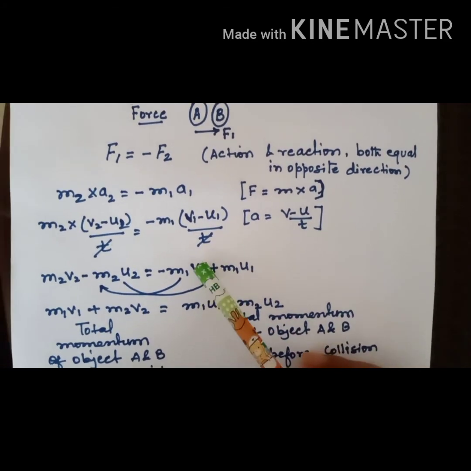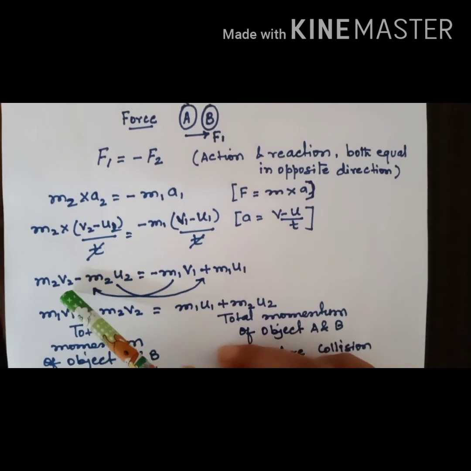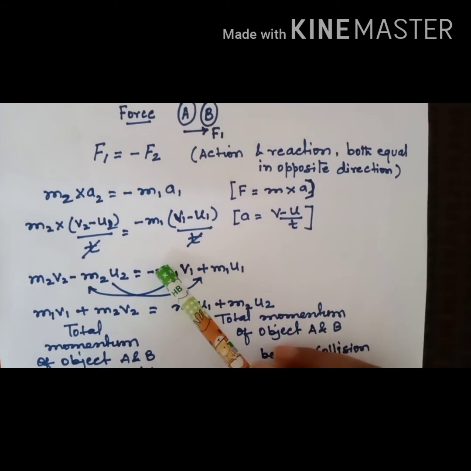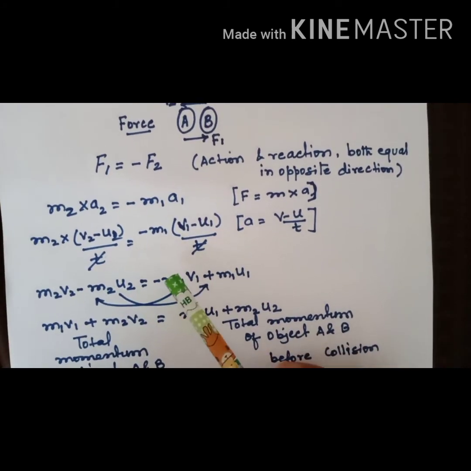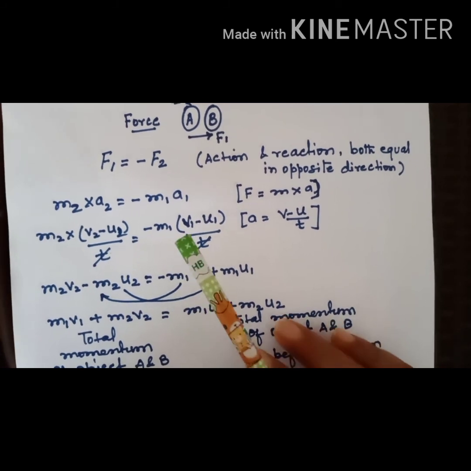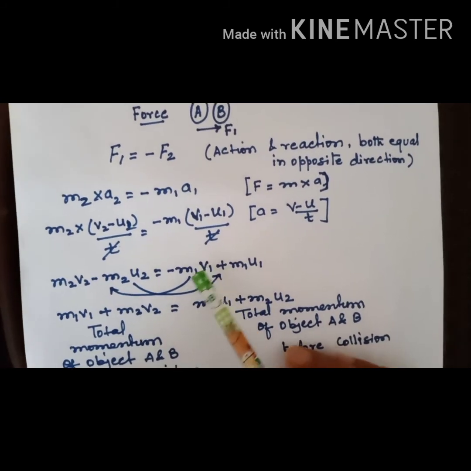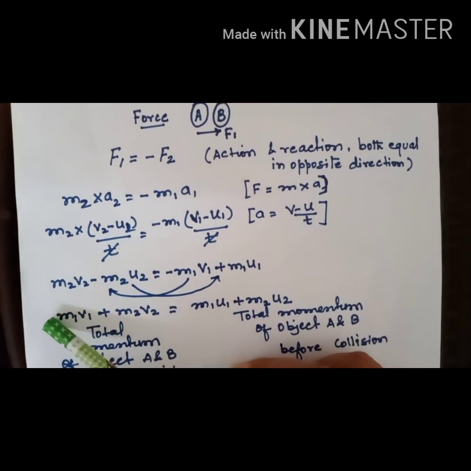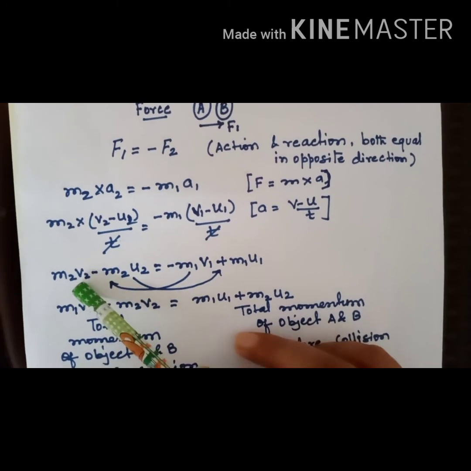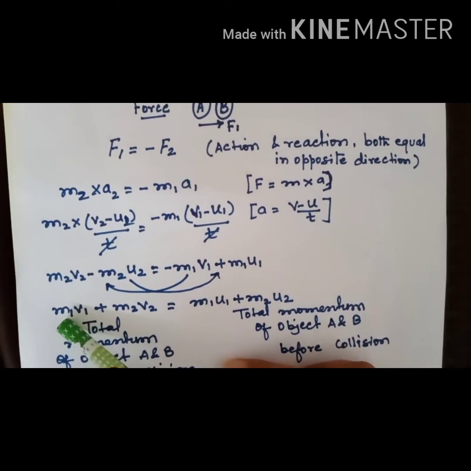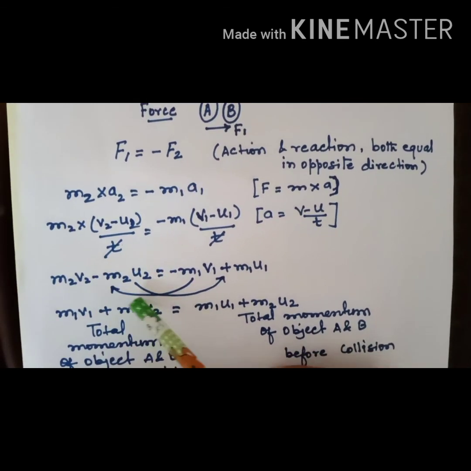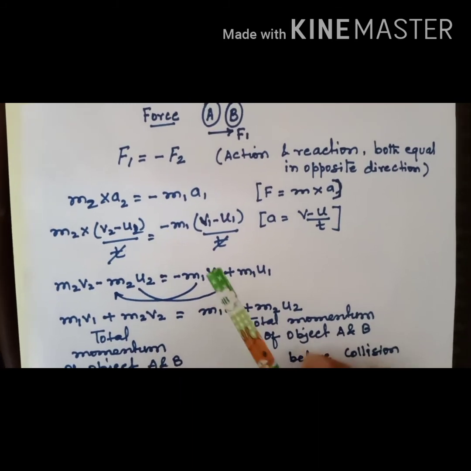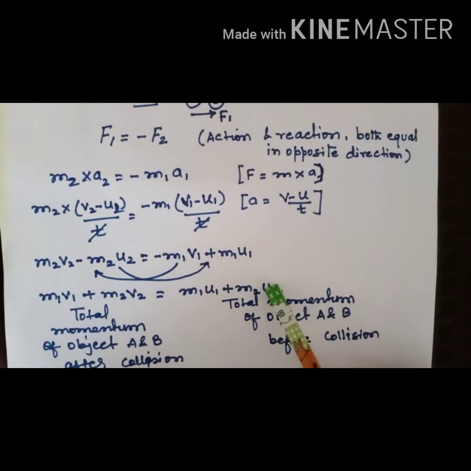Now see, just exchange the places so that the v1 comes on one side and the u1 comes on one side. If you take this to that side, the minus sign will go. I have rearranged also because I wanted 1 to come first. So m1 v1, and this was there only, and see here students, it is now plus because of changing the side, right? So m1 v1 plus m2 v2, and this has gone to that side. So m1 u1 and m2 u2.